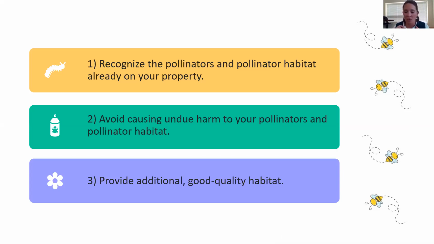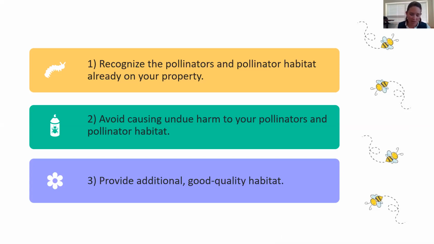And once you have your list going, remember to go back and check the bloom time of your list so that you know if there's any gaps that you're missing. So if you've got your list and you know your pollinators and you've started to piece together that you've got bumblebees that are emerging early in spring and you don't have any early spring bloomers, you can fill that hole in your pollinator garden.